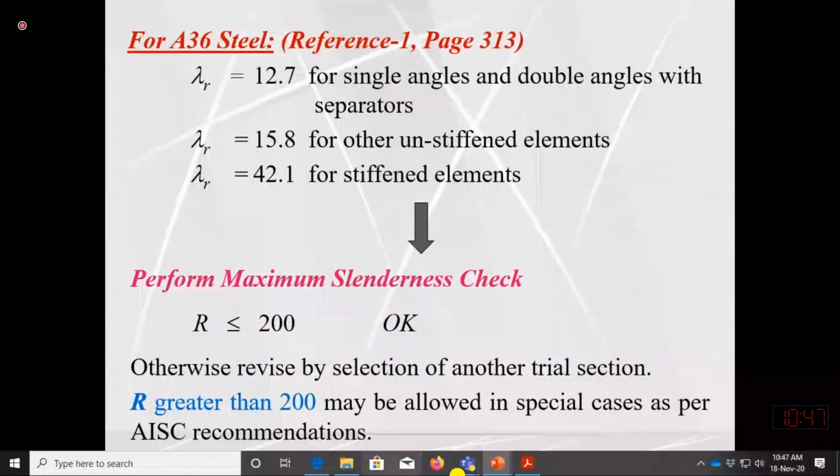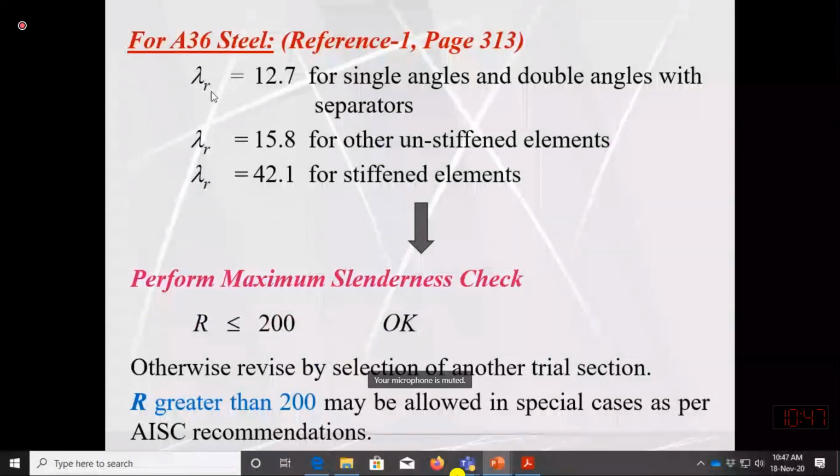So in this table, you can see that for single angle and double angle with separator. So single angle is having both legs as unstiffened. Unstiffened means because they are only connected from one side.